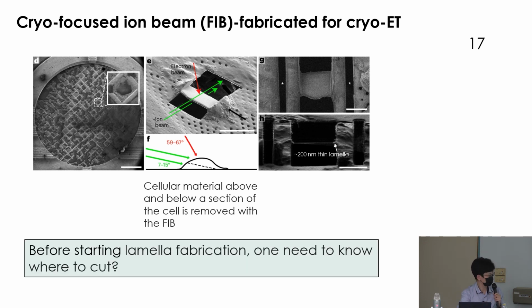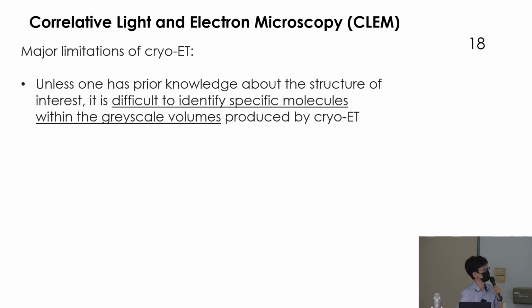But like I said, before you start your milling experiment, you will have to know where to cut. If you consider this, you will have no idea where it is, where you want to see, where is your target of interest. That's why the second major limitation is it's difficult to find a specific area within this grayscale value of your cell.